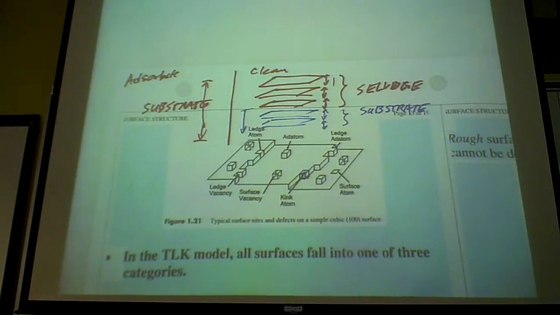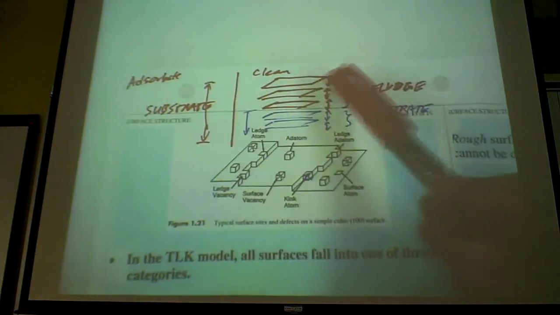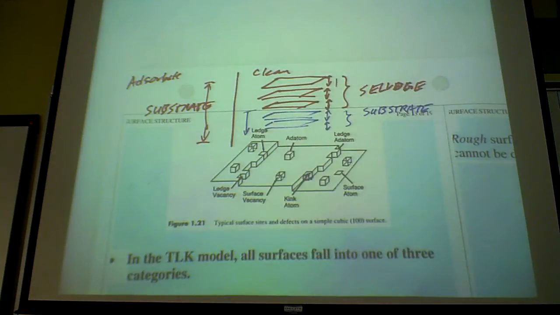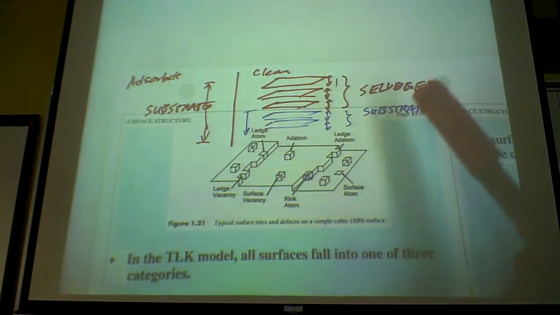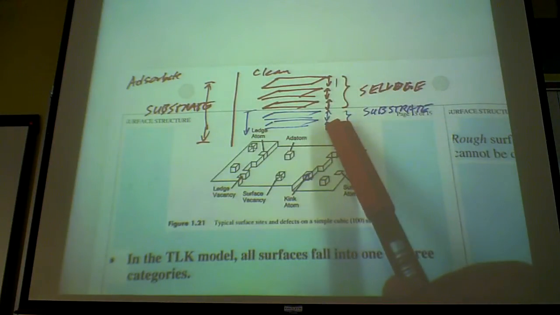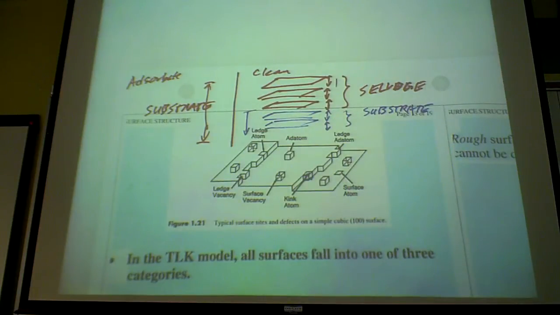There's a little bit of confusion, but in the literature, that's how people refer to it. Once you put stuff on the substrate, meaning you have an adsorbate, the whole thing including the selvedge region becomes the substrate. But if you are talking about a clean surface, then the substrate is just below the selvedge region. That's how we think about this.